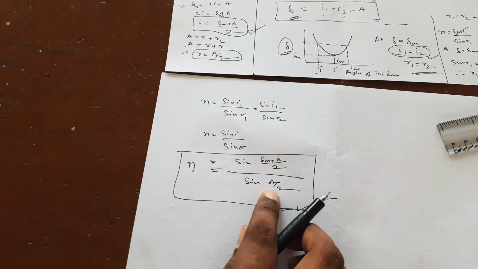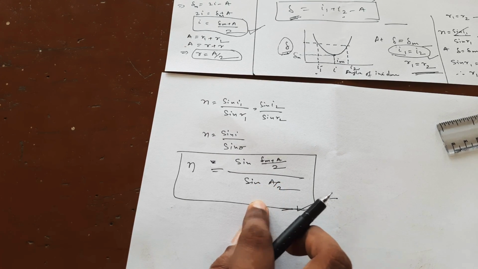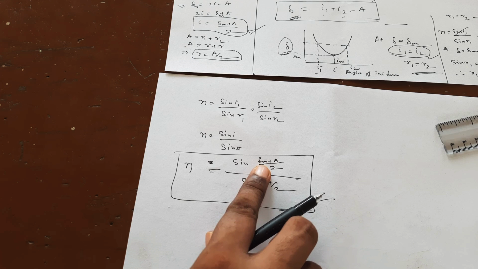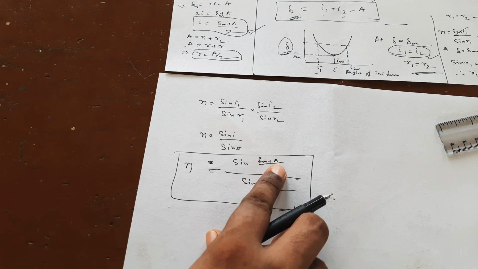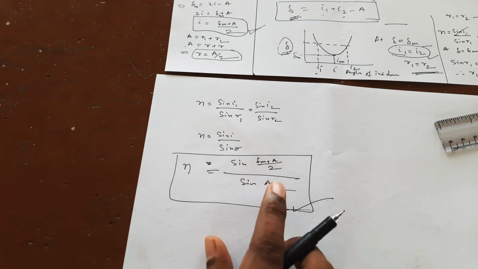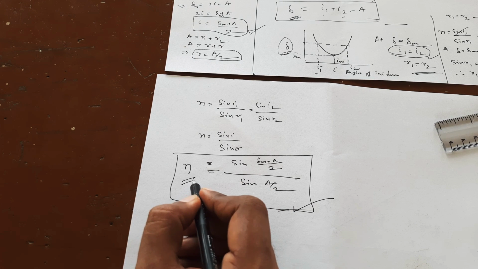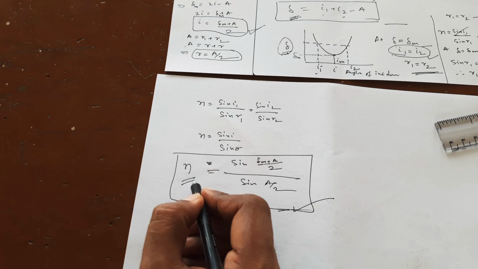See, in this expression there is no angle of incidence, there is no angle of refraction. Only the value of delta M and the value of A, that is the angle of prism, is present. And this one is the refractive index of any prism.